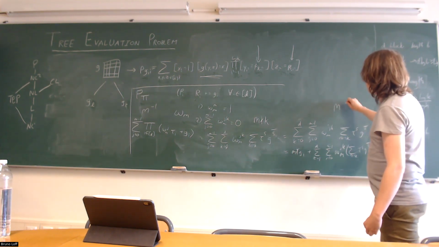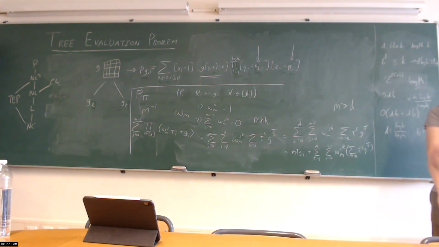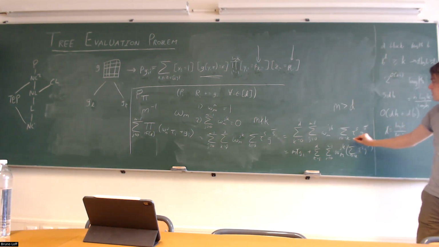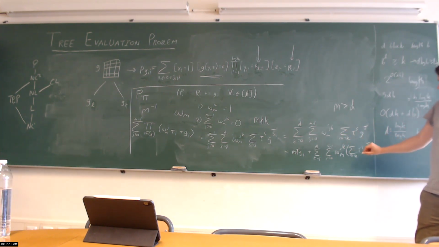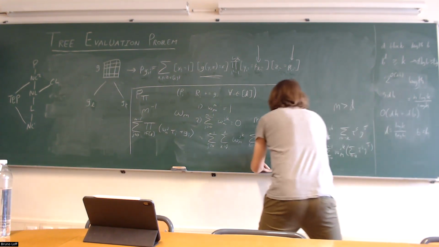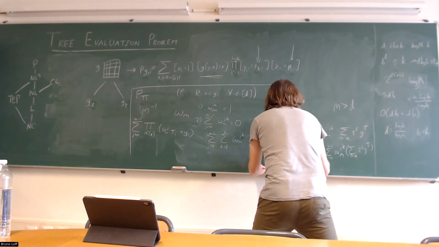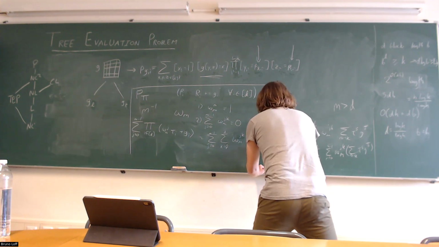At this point, I'm going to set m to be strictly greater than d. Okay, so this is the same line as this one, but I pulled out the k equals 0 term. And now the point is that the rest of the sum doesn't actually depend on j. So let me write the k equals 0 term here, so it's clear what happens.